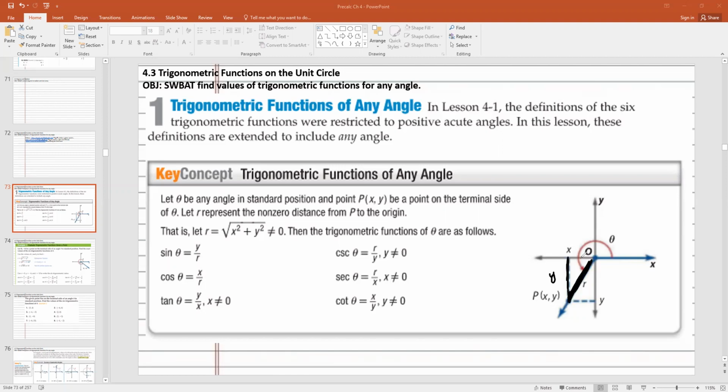And cosine is the x, which is adjacent. So you're imagining that the theta is there, and we'll look at what that theta is later. Just remember SOHCAHTOA.